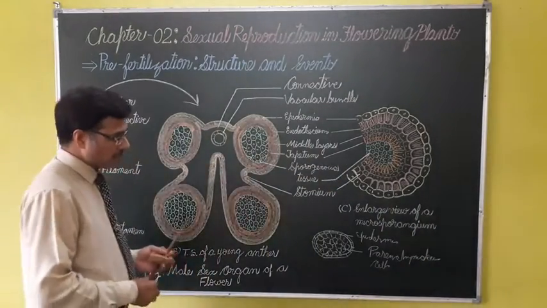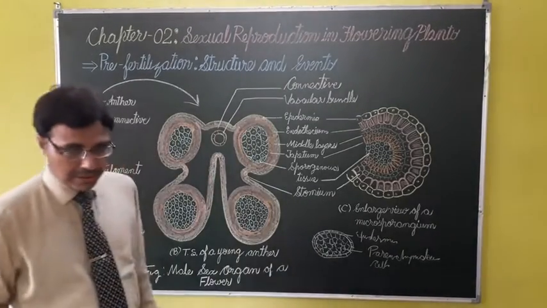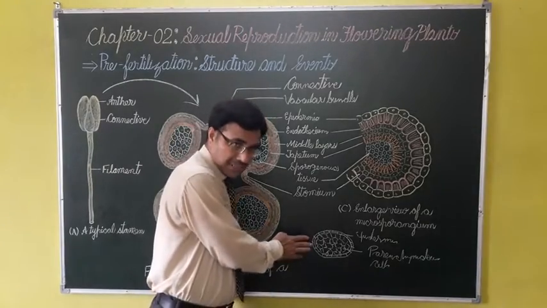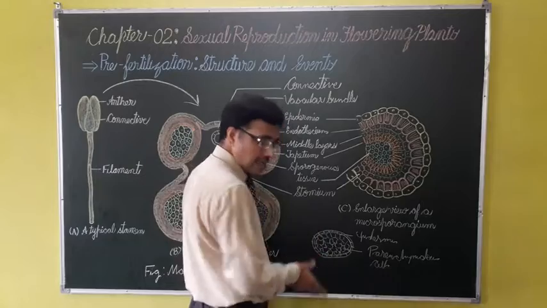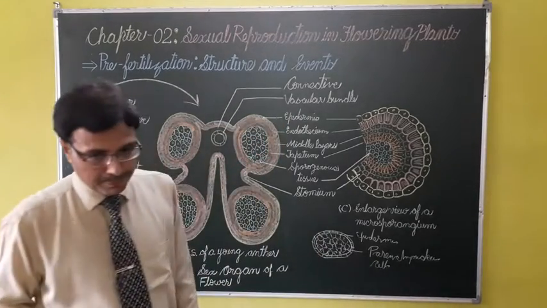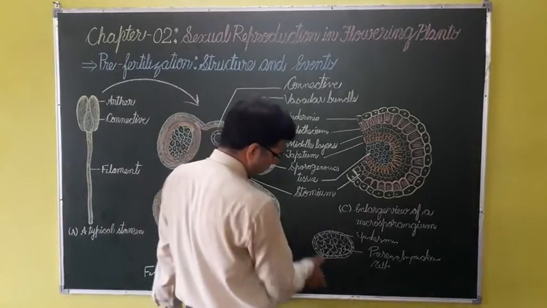Right? Later on, this oval structure, this is the initial stage of the anther, means the anther is coming into existence. So at that time it looks oval, and it is just a mass of parenchymatous cells surrounded by an epidermis.